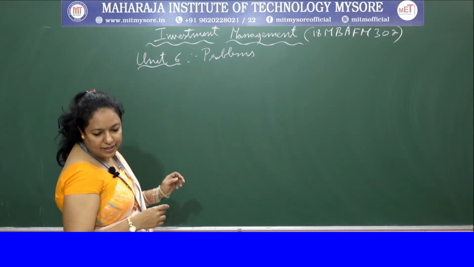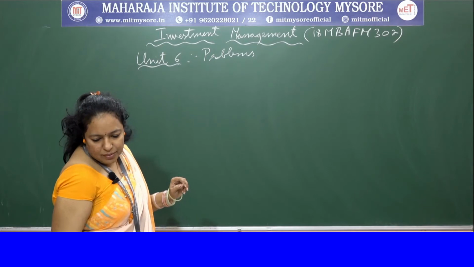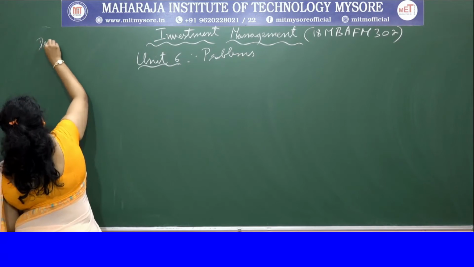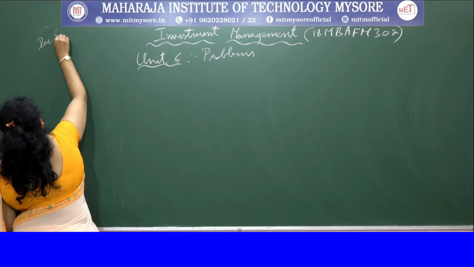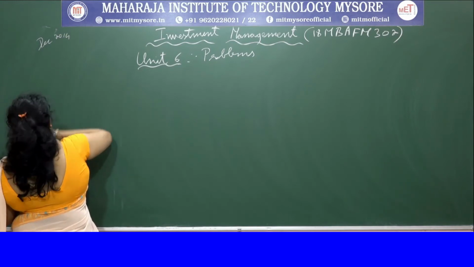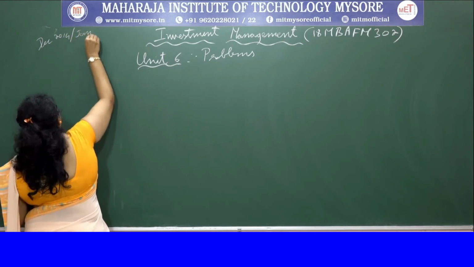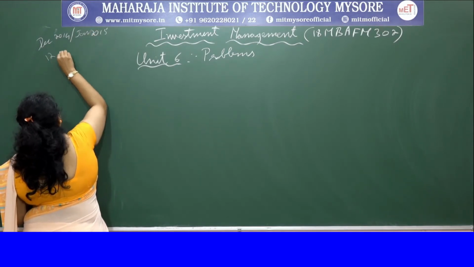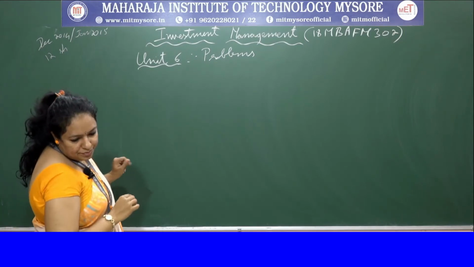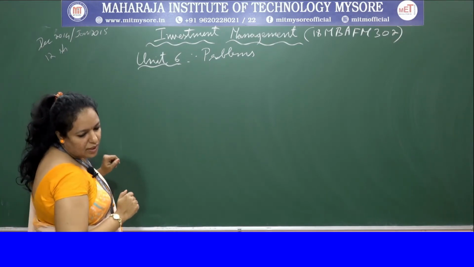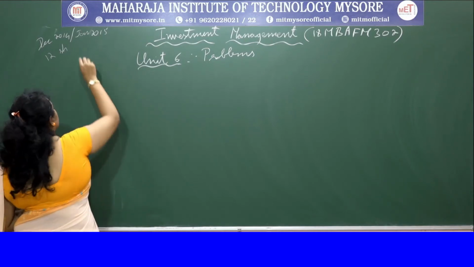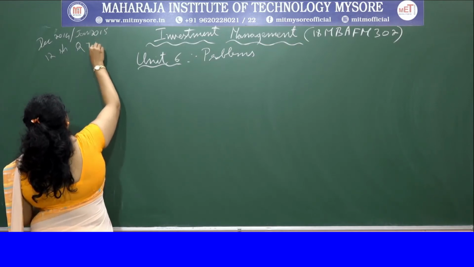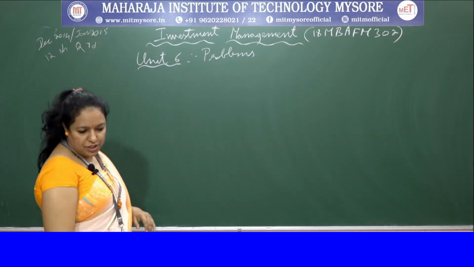So I'll just write here, it is December 2014 Jan 2015 scheme, and the question is 7D. So that is the question.